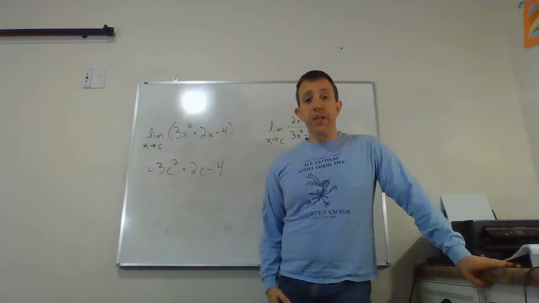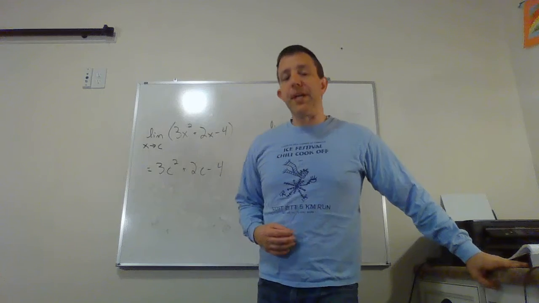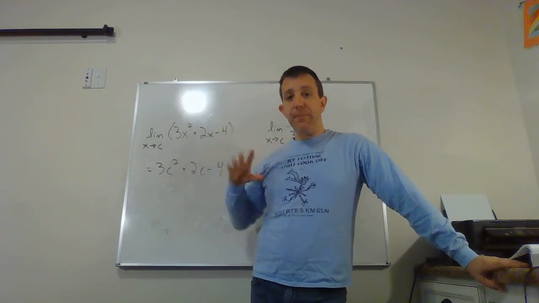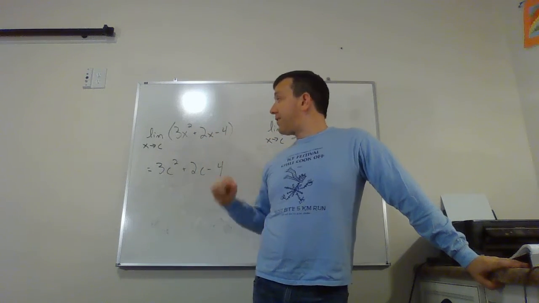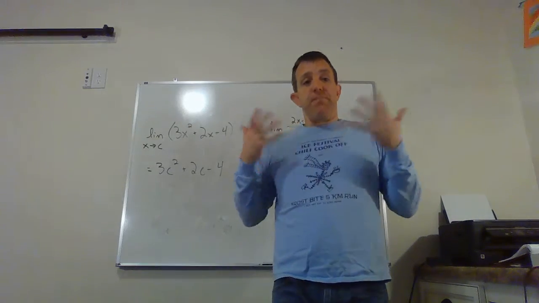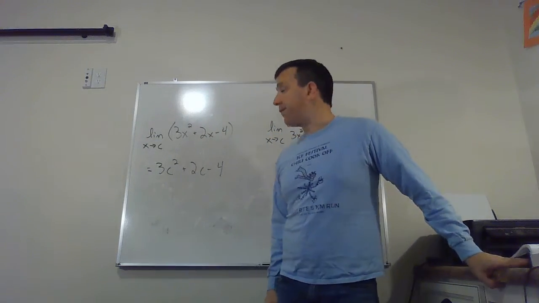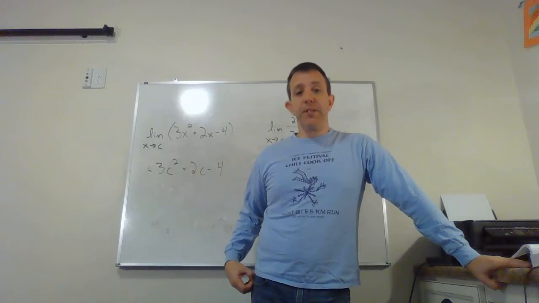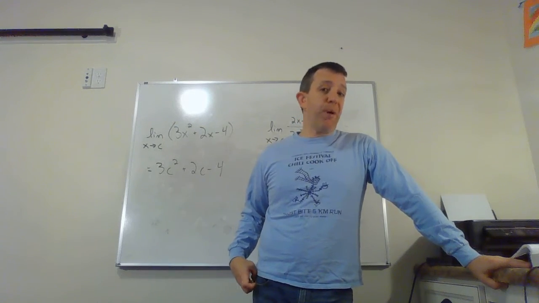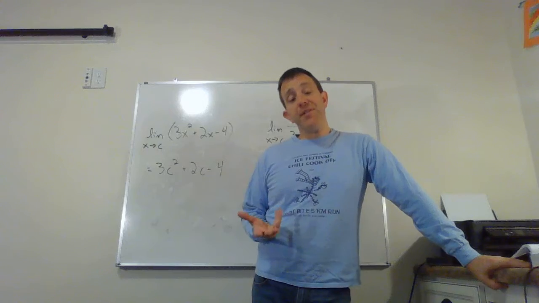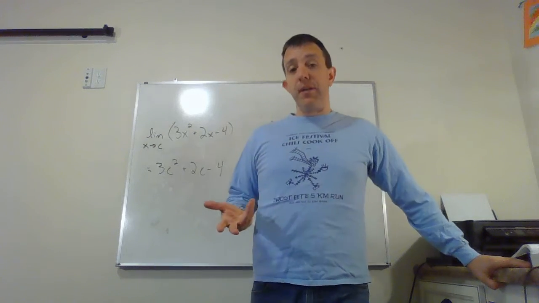Okay, so here we have a couple of more complicated looking examples. One's hiding behind me, the other one's right here. Let's take a look at this first one. The limit as x approaches some number c of 3x squared plus 2x minus 4. This is a polynomial, and polynomials are just combinations of a few of the things in our limit laws.